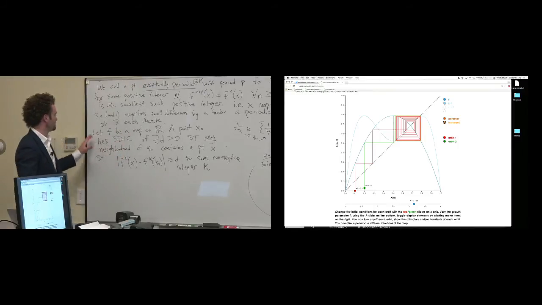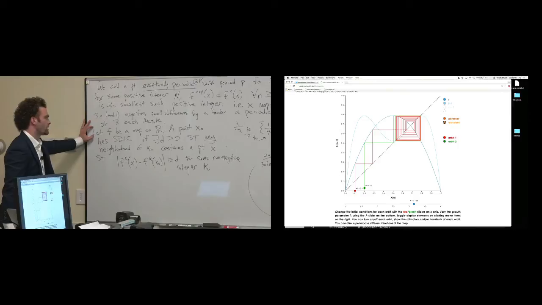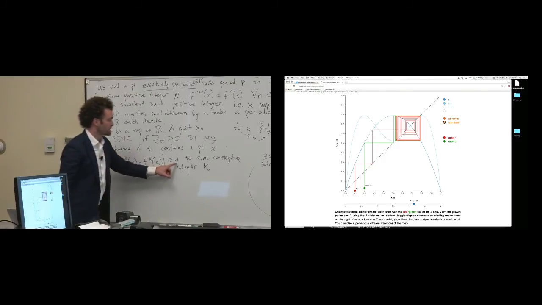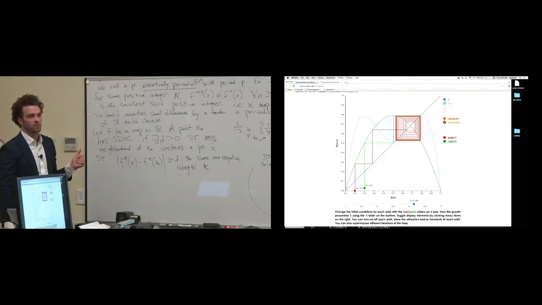So I'm going to read it again. f is a map on R, like our slope 3 map or our logistic map. A point x0 has sensitive dependence on initial conditions if there exists a distance d bigger than 0. The distance d is like, well, how far away are they going to be after a while? And you can make that as small as you want.